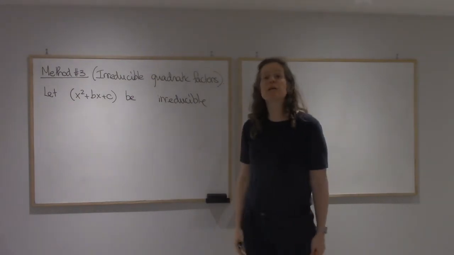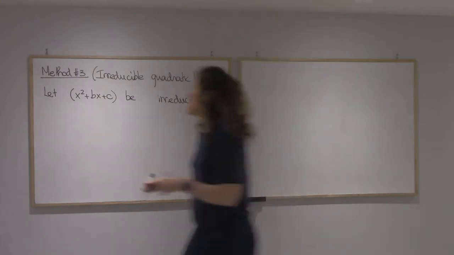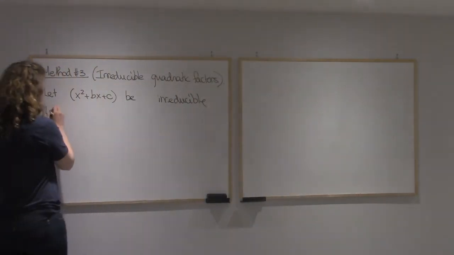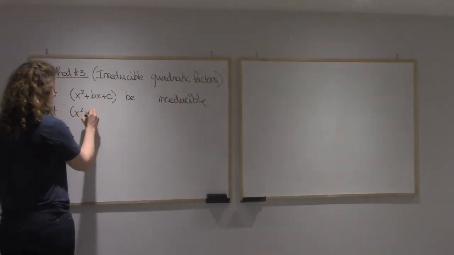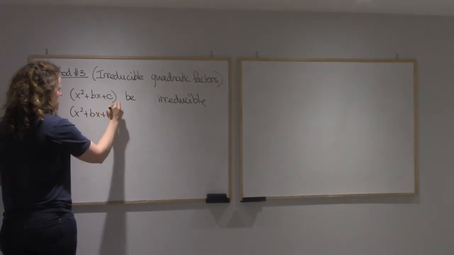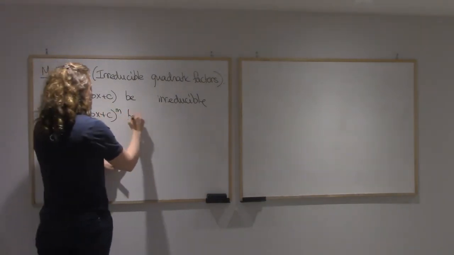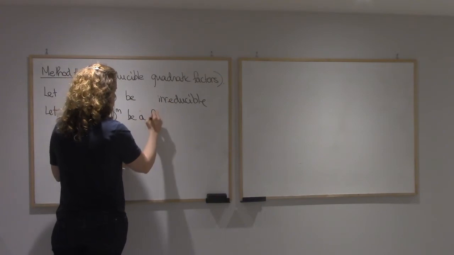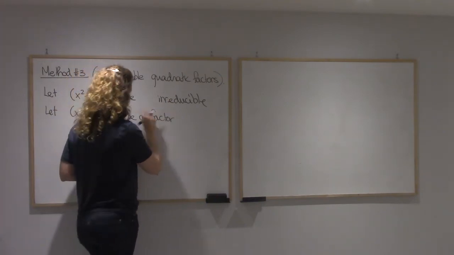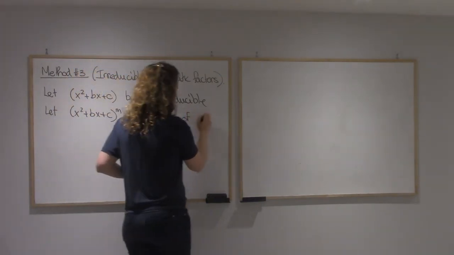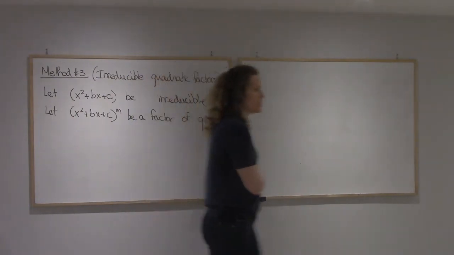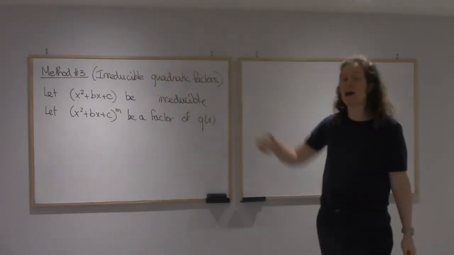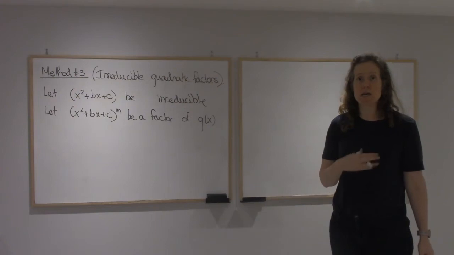And let's say that it appears in the decomposition of your denominator. And it even appears a bunch of times. Let x squared plus bx plus c to the m be a factor of q of x. So in the decomposition of q of x, you get x squared plus bx plus c m times.